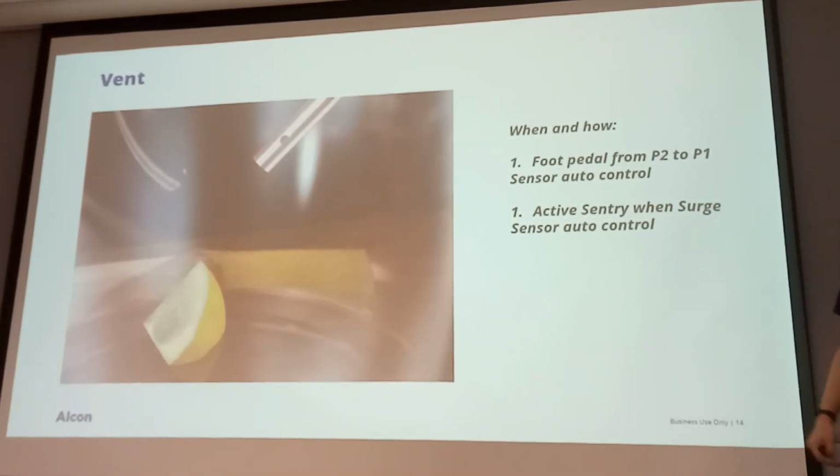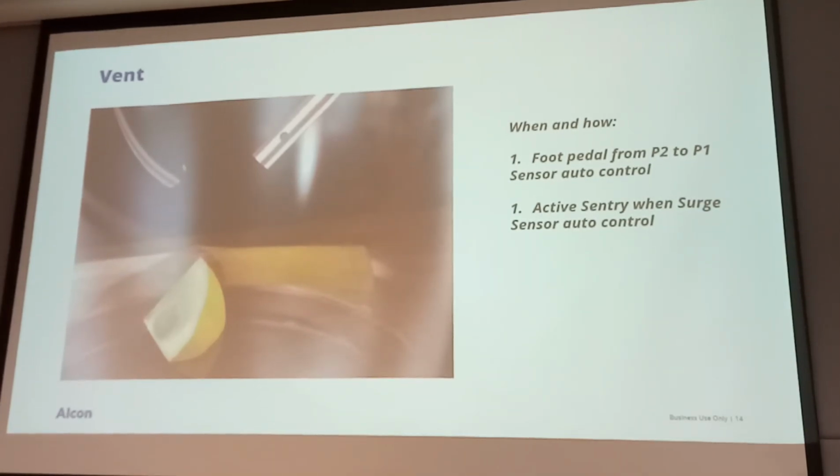And for our Active Sentry, even during foot pedal position 3, when we're holding the nucleus and the nucleus suddenly disappears, the Active Sentry system will automatically help you to vent, to balance the anterior chamber shake, to give a more stable anterior chamber. So this is the beauty of Active Sentry. I think in the future we are going to use that.